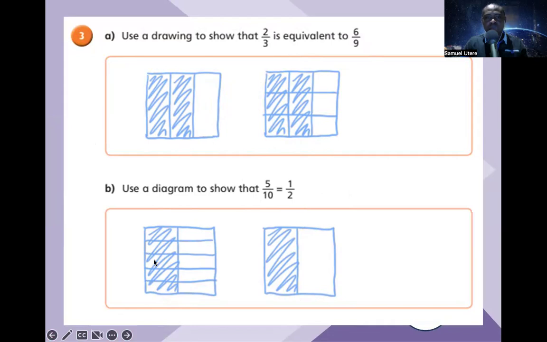So you can see they are the same size of parts, but this has been split into 5 equal parts. Same size, but it's been split into 5 equal parts.